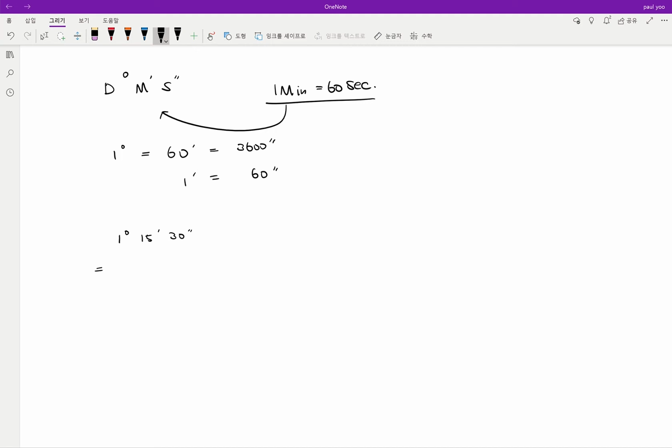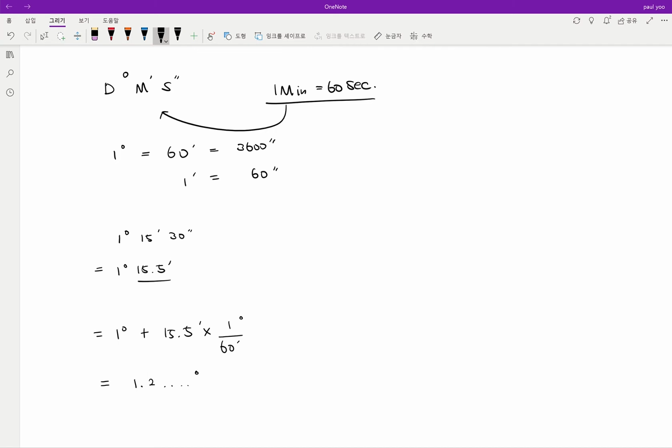So this is equivalent to 1 degree and 15.5 minutes, and you convert the minutes back to degrees by 1 degree plus 15.5 minutes times 1 degree over 60 minutes. Then if you simplify it, you'll get 1.2-something degrees.